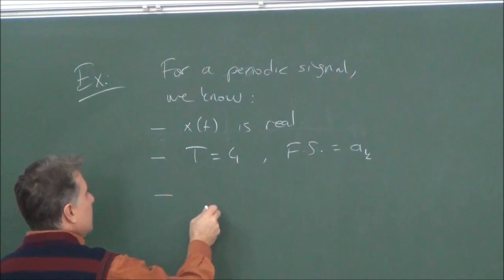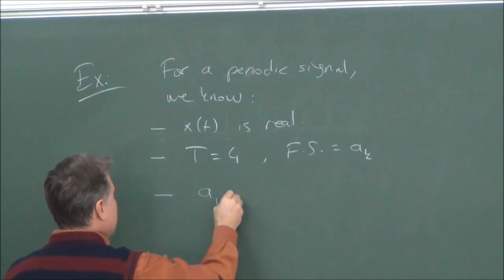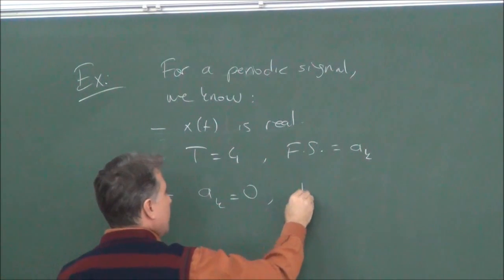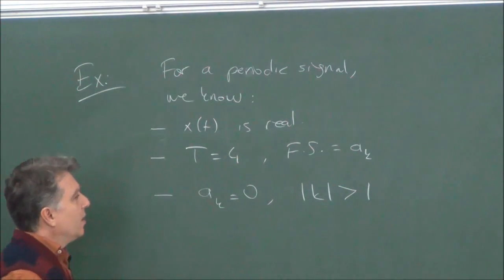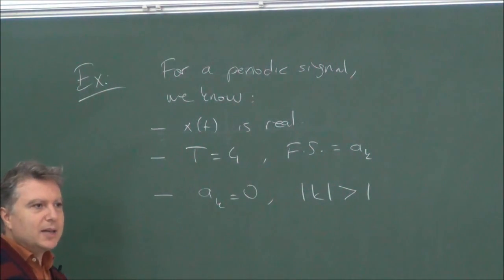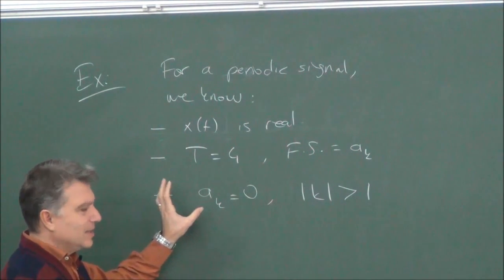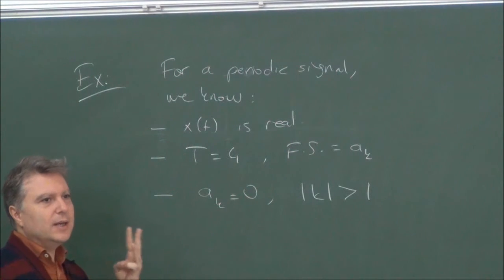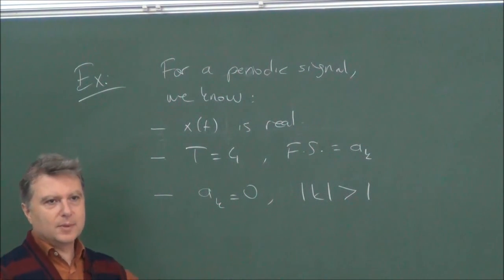As another knowledge, we know that AK is equal to 0 for k greater than 1. So A2 is equal to 0, A minus 2 is equal to 0, which reduces our signal to only three Fourier series coefficients, A minus 1, A0, and A1.